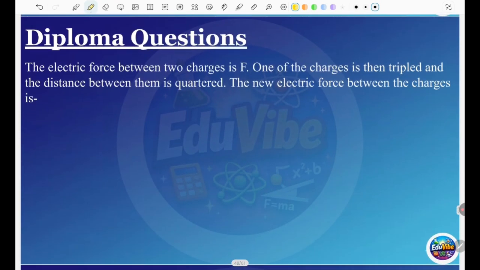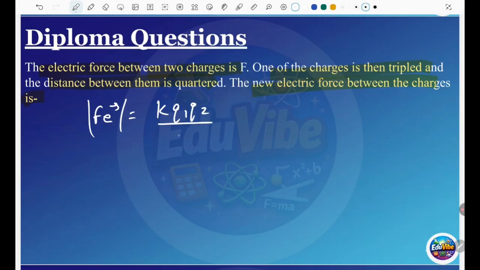So, next question. It says that the electric force between two charges is F. One of the charges is then tripled, and the distance between them is quartered. The new electric force between the charges is what? So first we have to know what electric force is equal to. We have done this before: electric force is equal to k Q1 Q2 upon r squared.